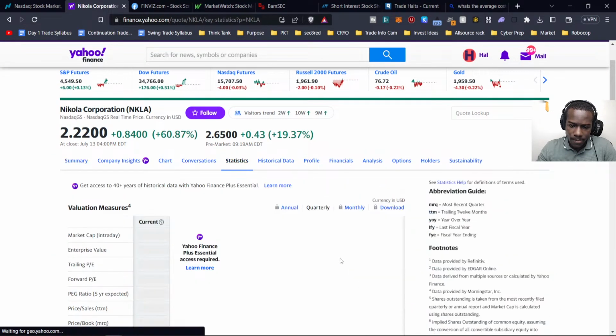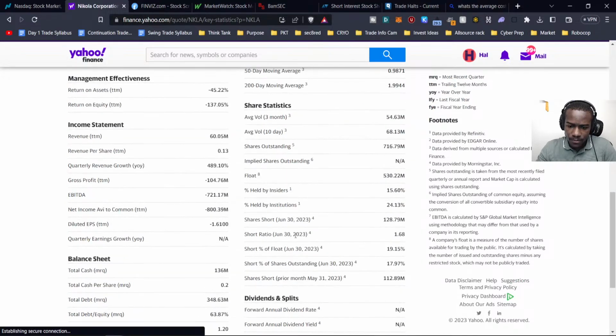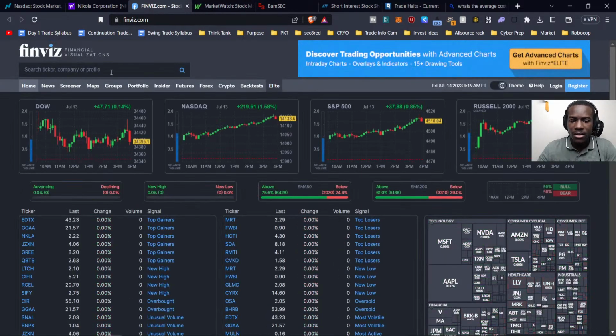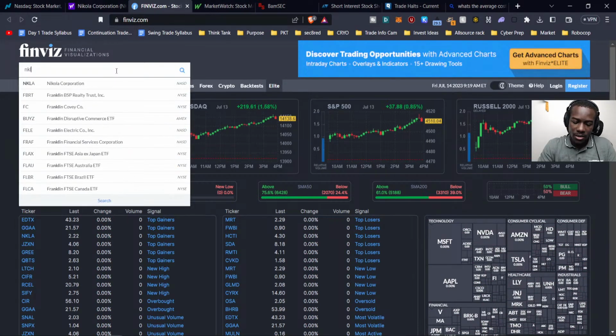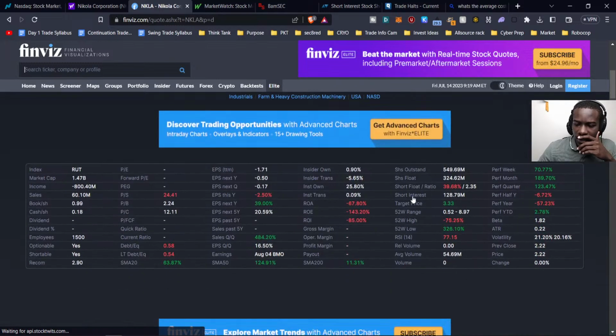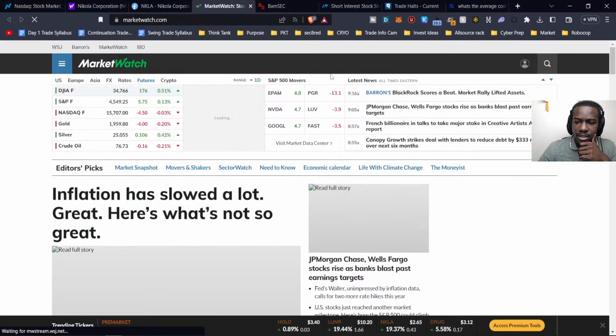Driftar. Hit the like button. Float. Woo! Look at that float. 530.22 is in my. Let's go and cross check this. Nikola. Nope. That float's 324 over here. Looking real heavy.